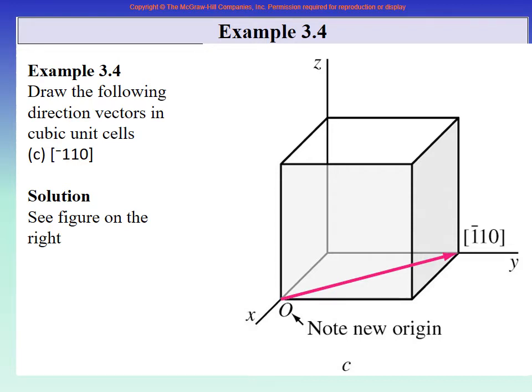Let me repeat. See in the direction index which number is minus. That is x or y or z. Which one it is, on that one move the origin. So here the minus 1 is only on the x. So on the x you move here and make this your new origin. The others don't have a minus sign, right?